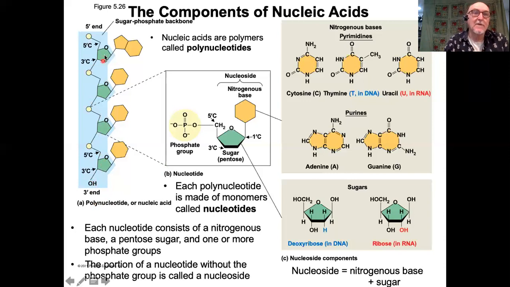As a result, the DNA molecule, this side, has a very strong backbone. This is one of the reasons that DNA is such a durable molecule: it has a strong backbone, and that backbone is quite difficult to break. The bonds are really strong.